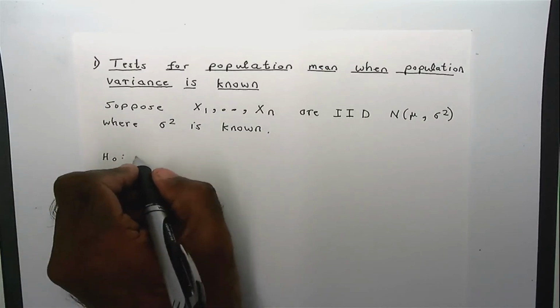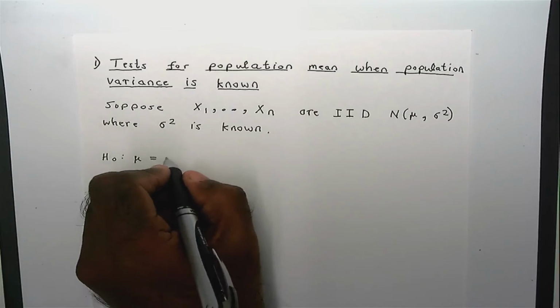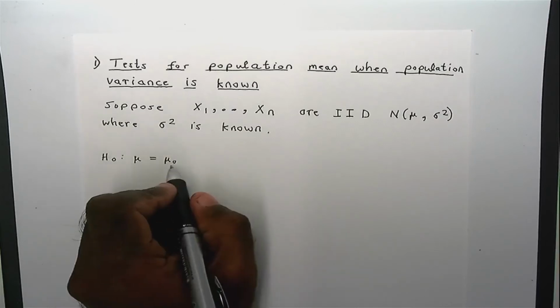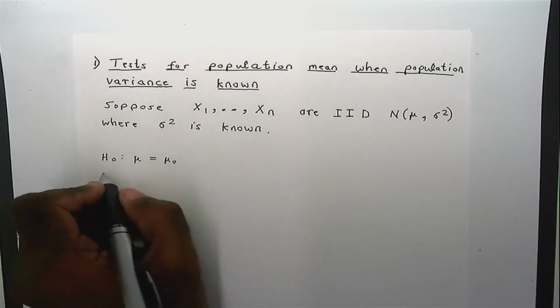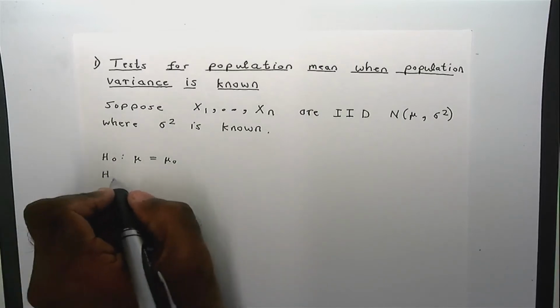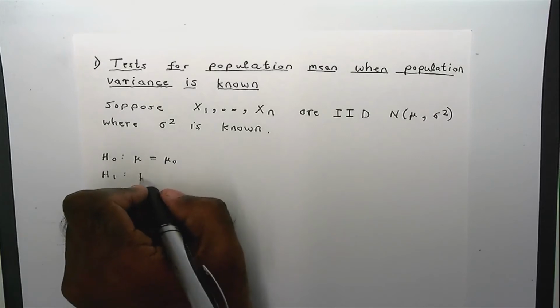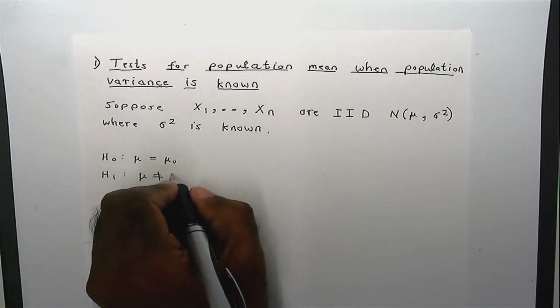Now I will consider three different tests. The first one is where the population mean is equal to a pre-specified constant mu0 versus the alternative that mu is not equal to mu0.